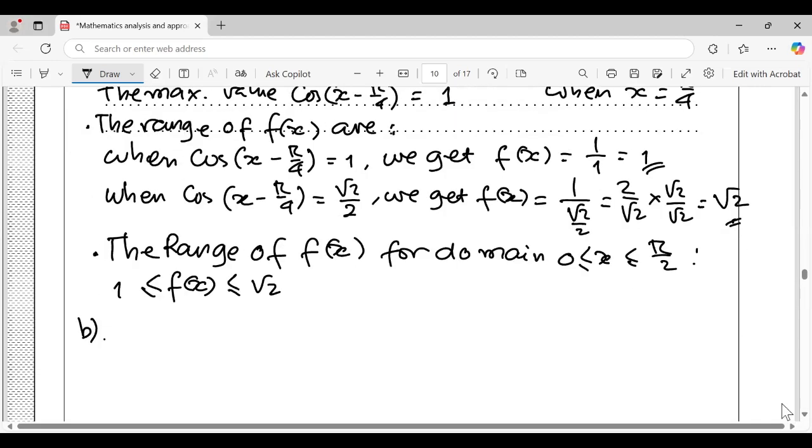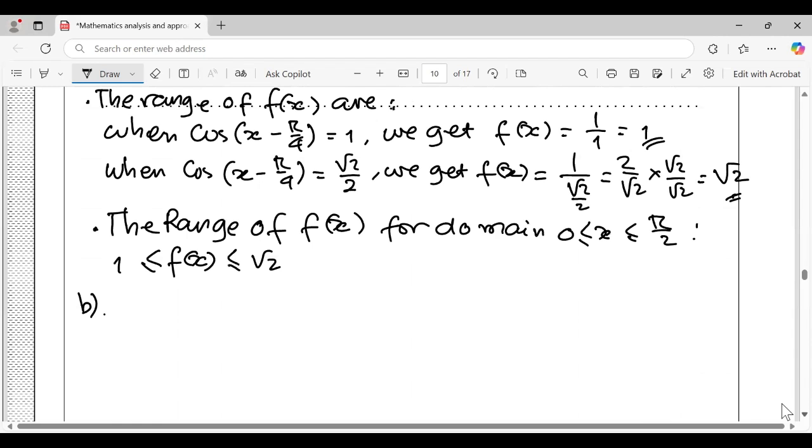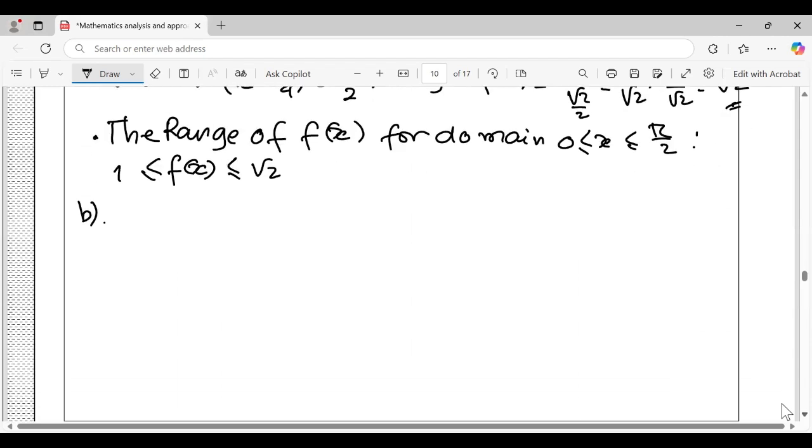We're going to find the volume by the integral from 0 to pi/2 of secant squared of (x minus pi/4) dx.